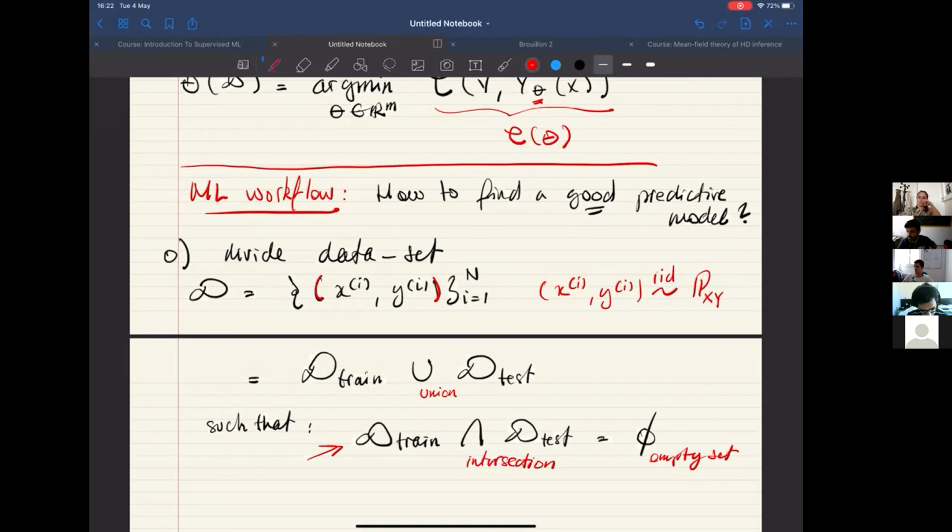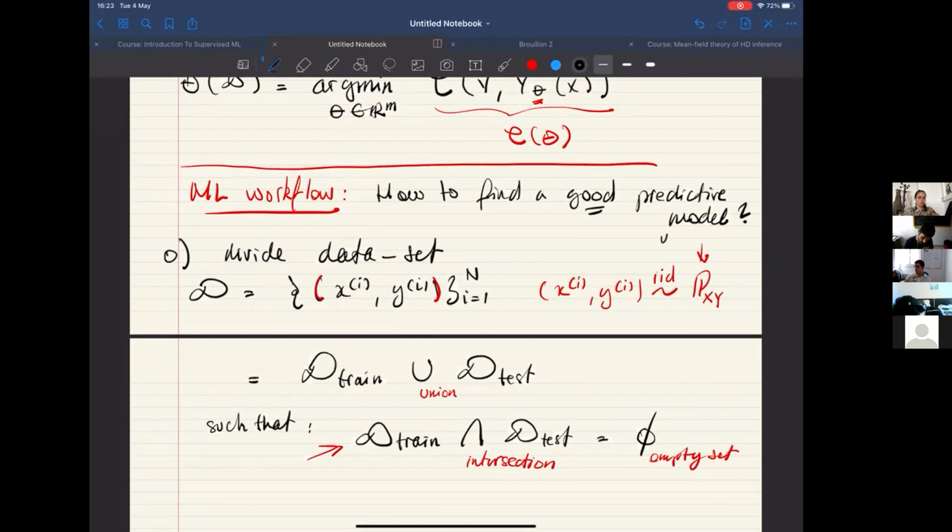This probability distribution is unknown. It is what fully captures the rule that connects inputs and outputs. This is the unknown system, the unknown process that you are trying to capture, that you are trying to learn. And the assumption is that all the data points that you have access to are drawn IID according to some joint law, joint between inputs and outputs, which is unknown.